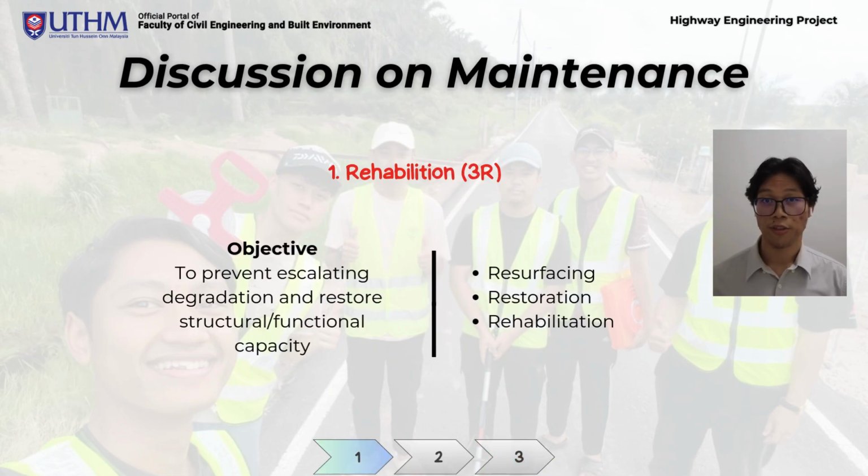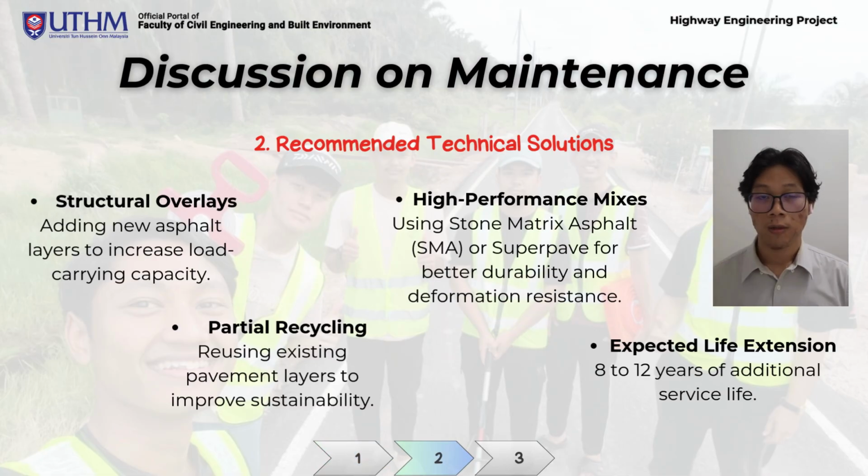Based on the pavement condition findings, a rehabilitation strategy following the 3R approach, which is resurfacing, restoration, and rehabilitation, is recommended. The main objective is to prevent further pavement deterioration while restoring both the structural strength and functional performance of the road. Following the issue, several technical solutions are proposed. Firstly, structural overlays can be applied to increase the load carrying capacity of the pavement.